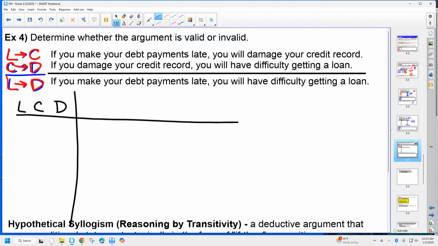And so notice that's going to be 8 rows, right? 2 to the third power. That's going to be 8 rows in our table.